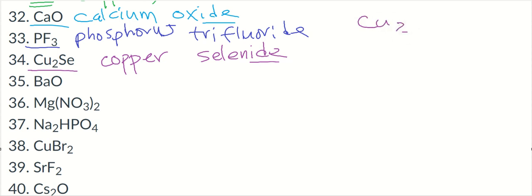So we know the formula is Cu2Se. What's the subscript here? What must it be? Because there's no subscript, that must be 1. So that means the charge on this copper was 1 positive. We have to indicate that though, because copper could have a 2 positive charge too.